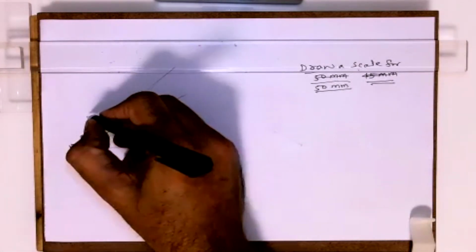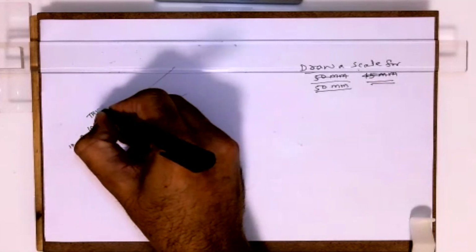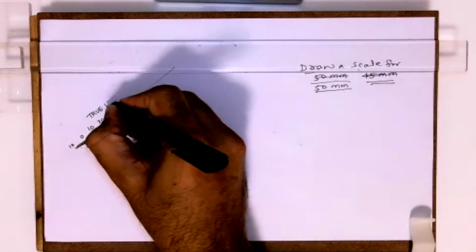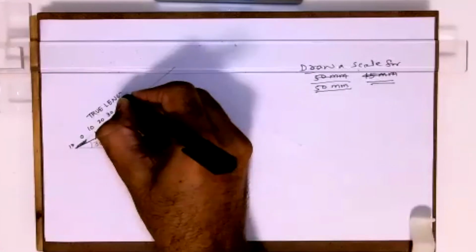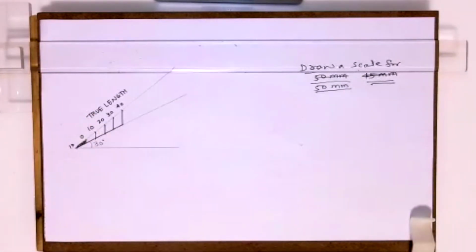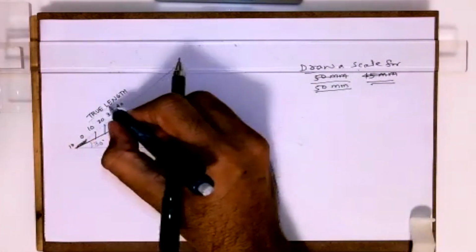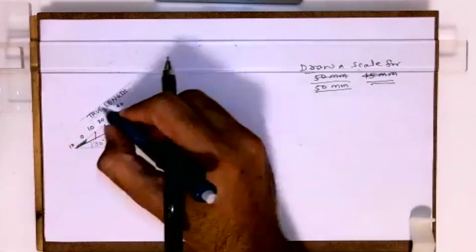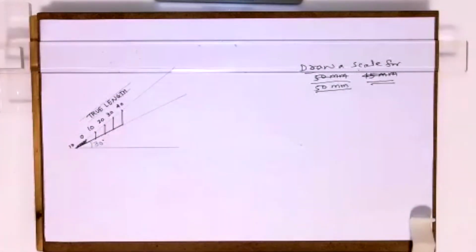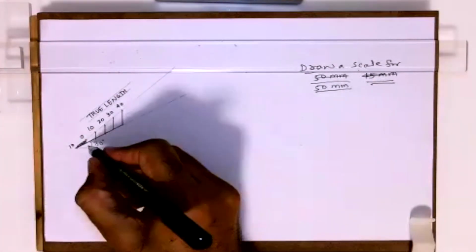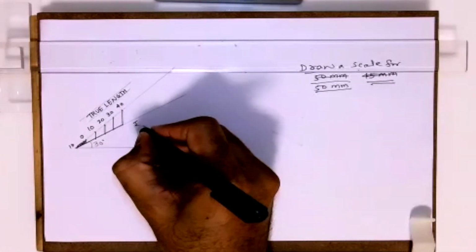Now this is true length. We have to write it in capital, and if possible, draw guideline. What do you mean by guideline? You draw two parallel lines and you write true length, right? Then this length, the lower one, is isometric length.